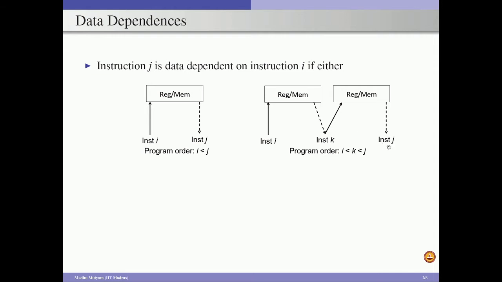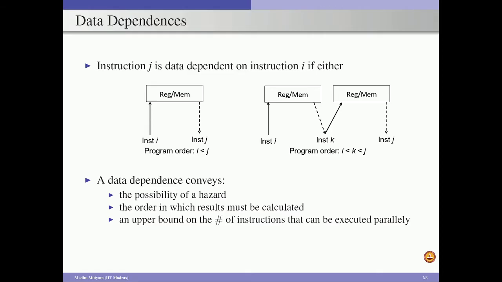So, instruction j is dependent on I, and this dependency is the data dependence. Here the actual data flow happens between the producer and the consumer. Instruction I is the producer and instruction j is the consumer. So, this data dependence is the true dependence, where the actual data flow happens between two instructions, where one is a producer and the other one is a consumer.